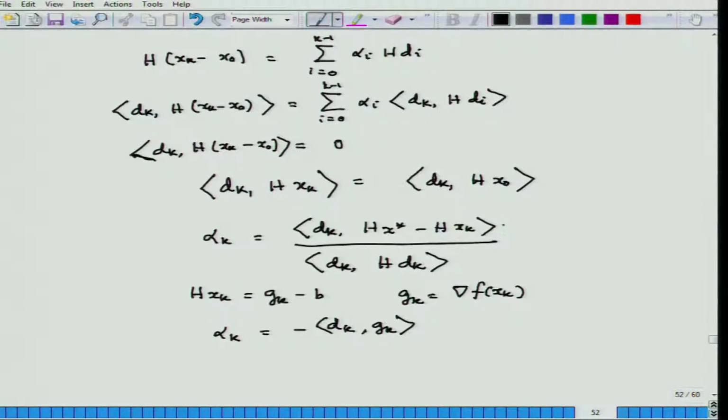So, minus b plus b cancels and minus d k g k is the thing left on the top. That is exactly the alpha k that we wanted.